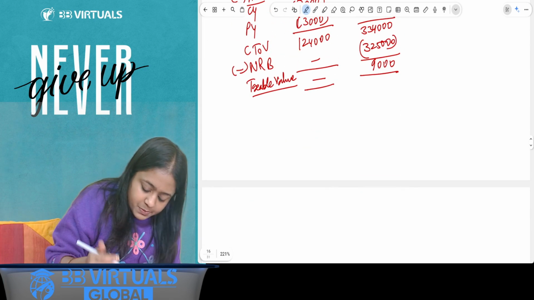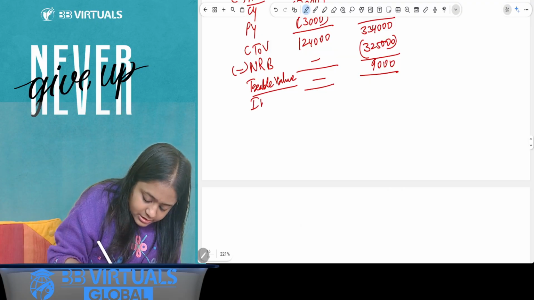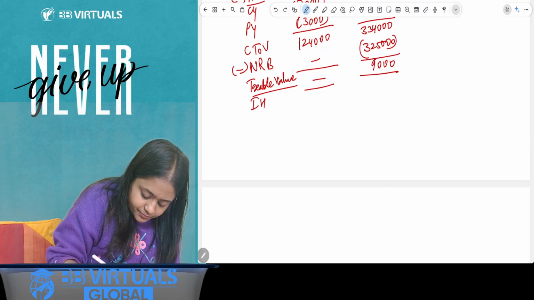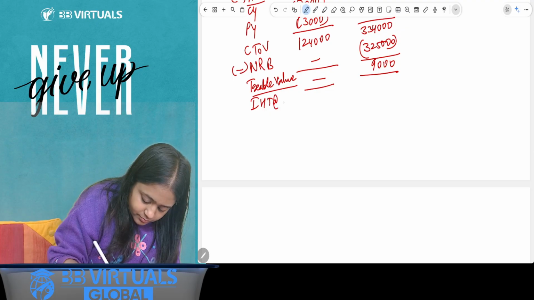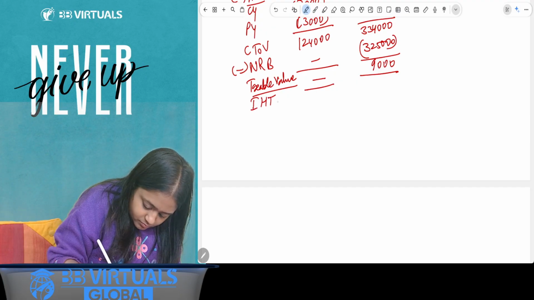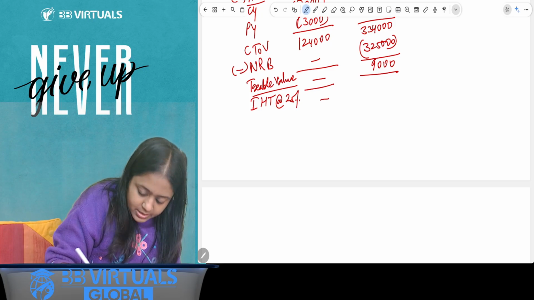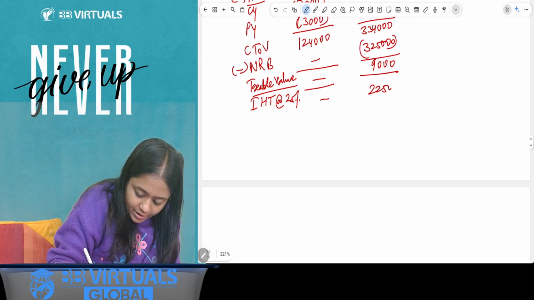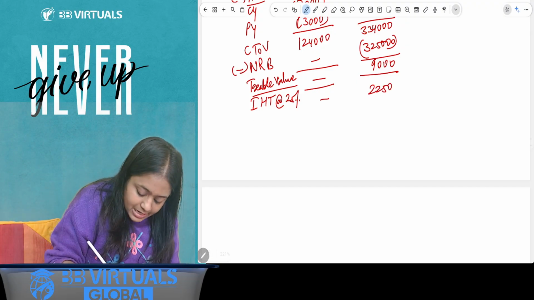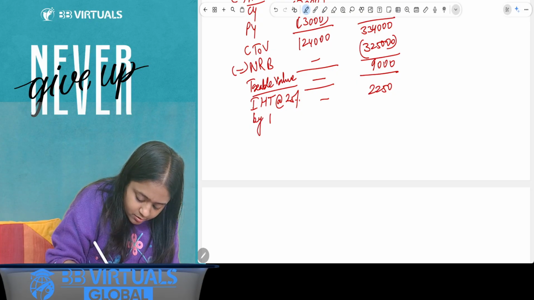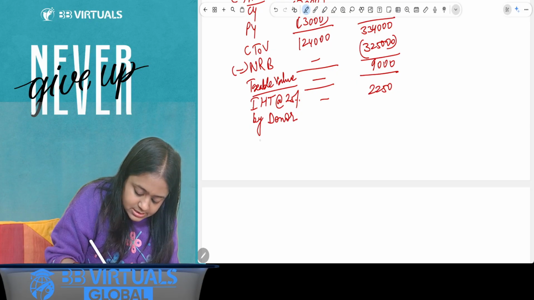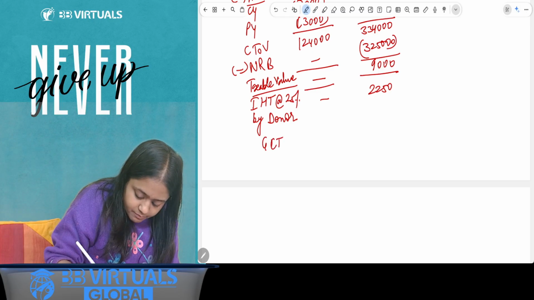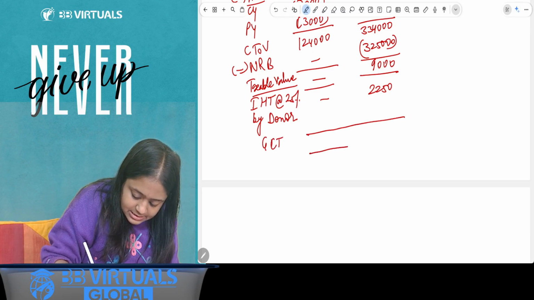Right? If the tax will be borne by donor, then IHT will be at the rate 25%. Here IHT will be 2250, right? And when you calculate, and it is by donor, you need GCT now, because for the death tax I need GCT.